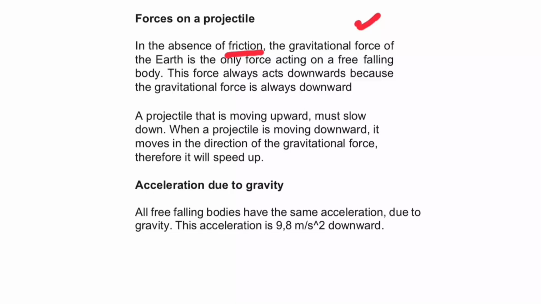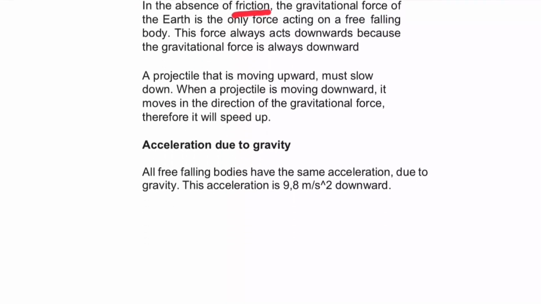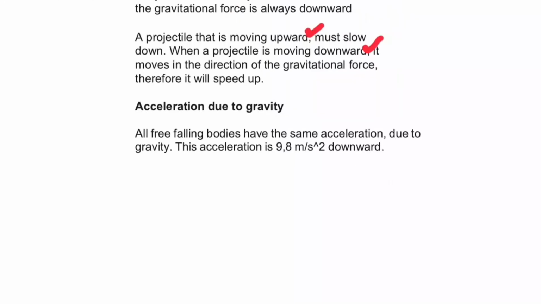It is accelerating towards the earth. As you can see, if a projectile is moving upward, then it must slow down. And if a projectile is moving downwards, then it speeds up. If you throw a ball upwards, it's going to start slowing down until it reaches a maximum height and then starts going down. And if you throw an object downwards, its speed is only going to increase.